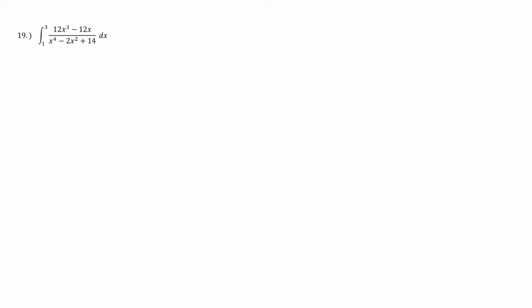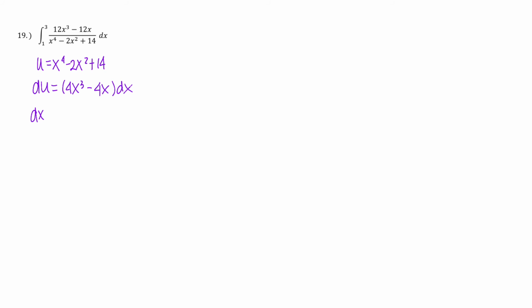All right. For number 19, another situation where if you have a lot of stuff in the denominator, probably going to be u sub, and the u is probably going to be the denominator. So I'm going to do u equals x to the 4th minus 2x squared plus 14. My du is 4x cubed minus 4x dx.